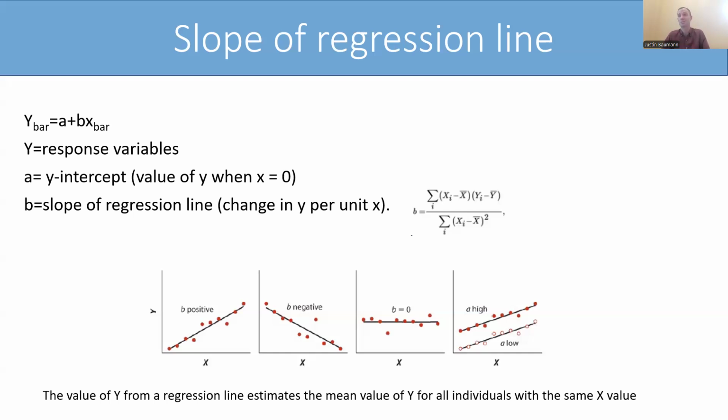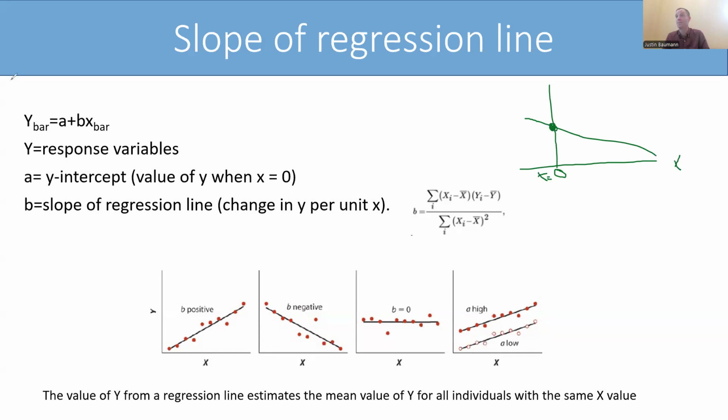All right, so y equals a plus bx, slope of the regression line. Y, response variable. A, it's the y-intercept. It's the value of y for when x equals 0, right? You call it the y-intercept because if this is x, x equals 0 here, and if we have a line like so, this here is our y-intercept. So it's where x equals 0.